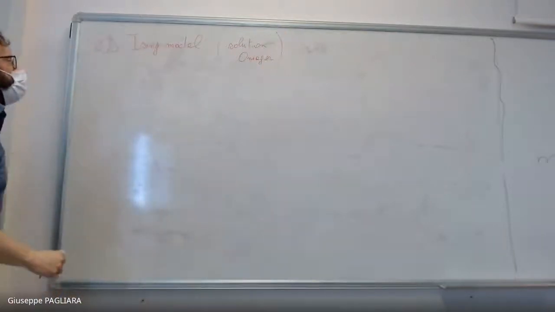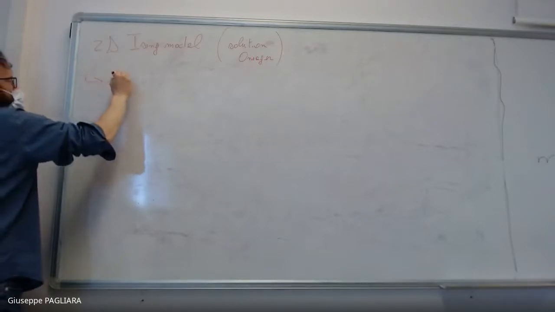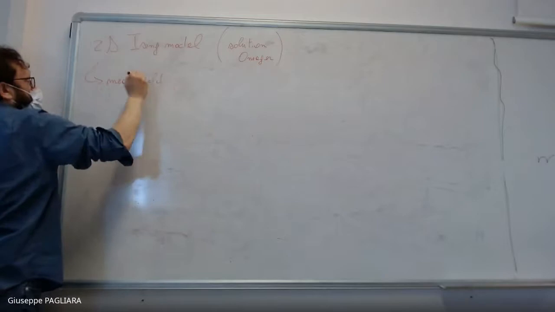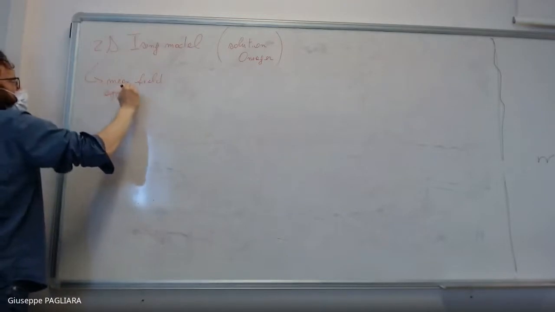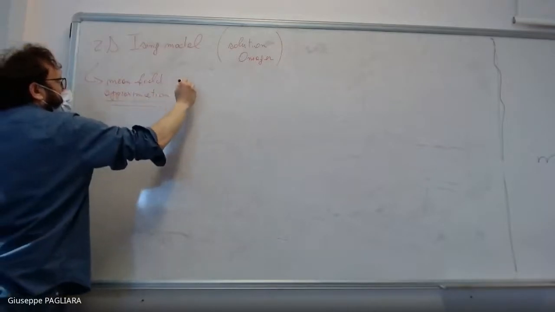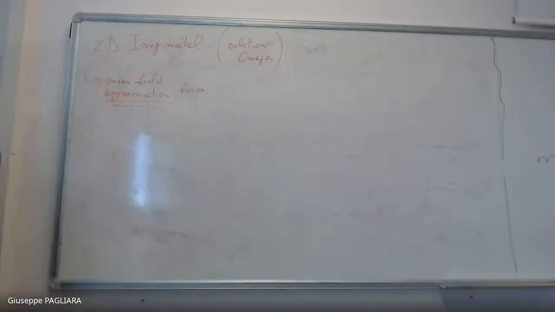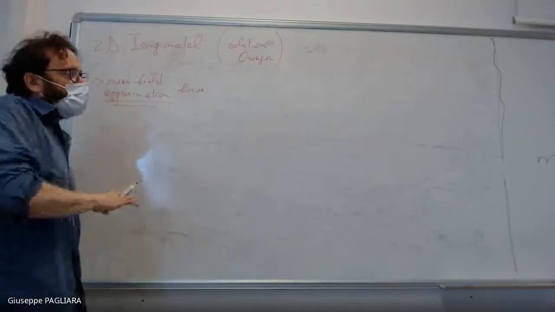But we are going instead to compute it by using the so-called mean field approximation. And we will see that even at mean field approximation, we can capture the main qualitative features of a phase transition, and so of the fact that at a certain finite value of the temperature, we have a spontaneous magnetization that we do not have in one dimension.